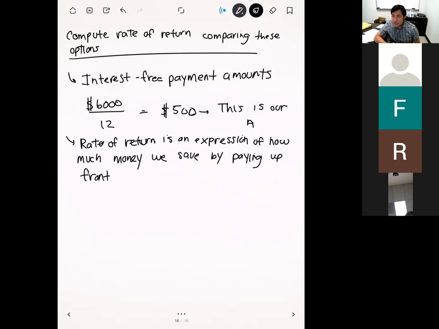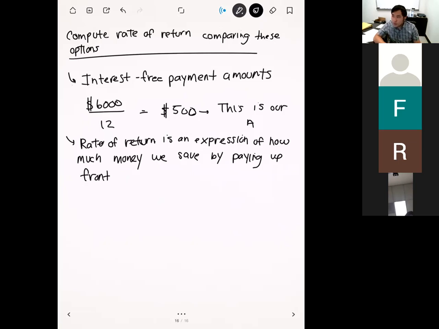Rate of return is a way to think about, in terms of interest rate and in terms of making these cash flows equivalent, how much money we're saving. Because remember, up front, of course, we're saving that $900 off the cost of the machine.